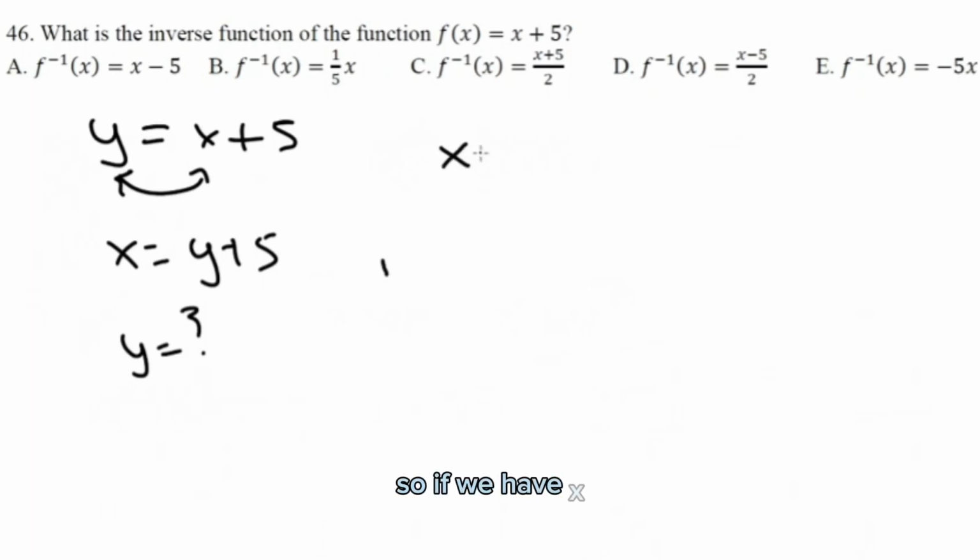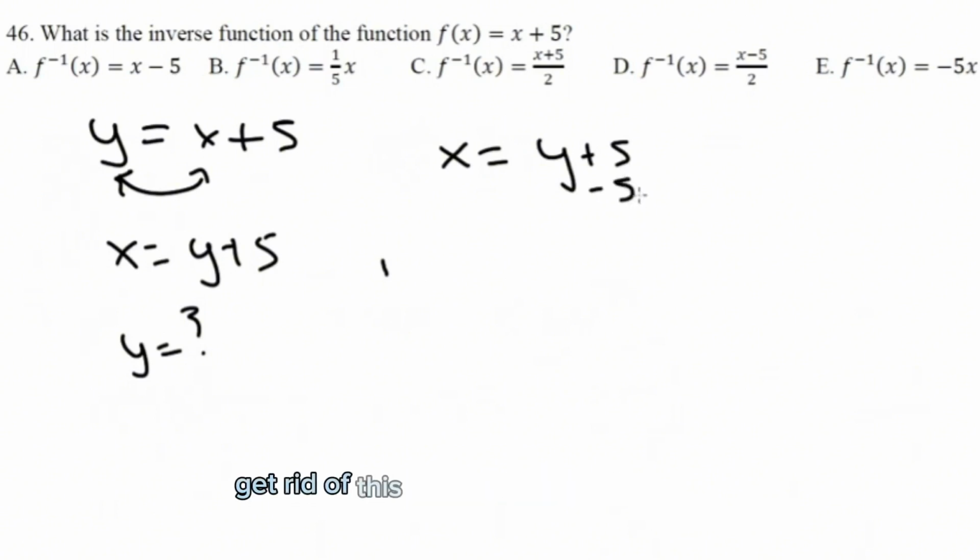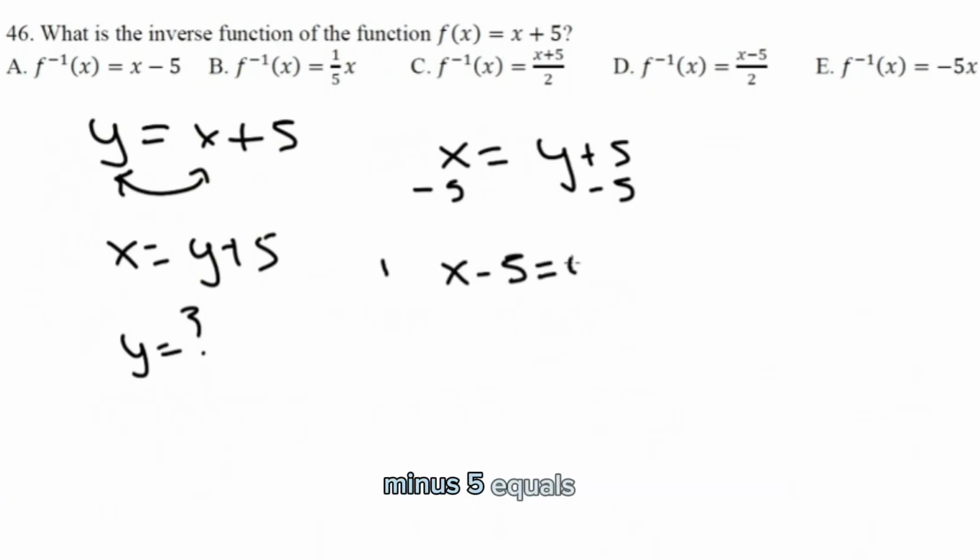So if we have x equals y plus 5, we're just trying to get y by itself. So we have to get rid of this positive 5 by subtracting 5. But if we subtract 5 here, we also have to do it on the other side of the equation. So now we have x minus 5 equals y.